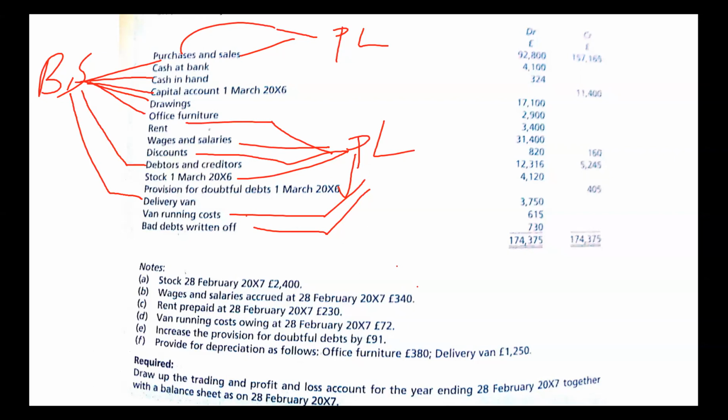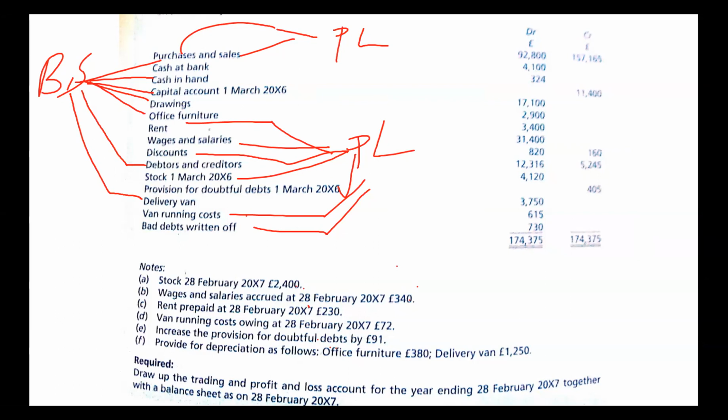Some of the adjustments affect the trading account, so you cannot just start entering the details in the trading account before you look at the adjustments. Consider all those adjustments that affect the trading account so that you can factor them in.